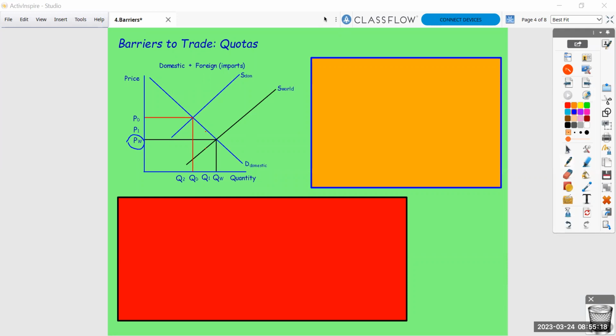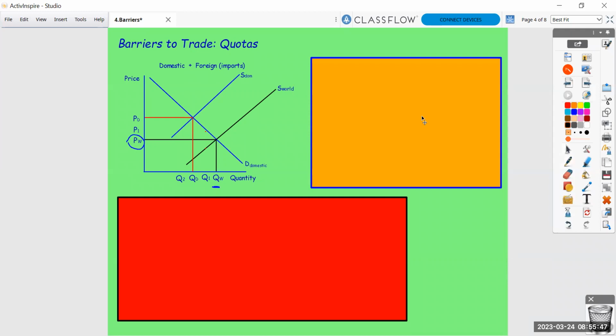If you can see right now, at this world price the domestic curve is not intersecting that price at all. So right now in this industry, we are importing the entire amount. QW right here is all going to be imported. So the government steps in, more than likely because the industry has lobbied for them to step in.